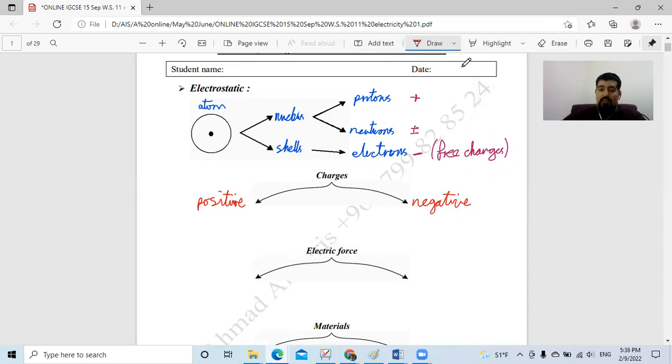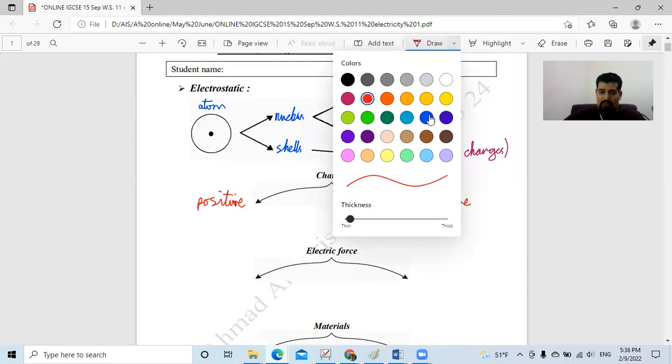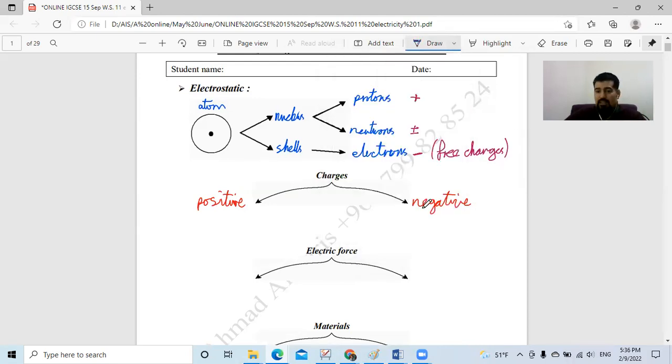Yes, exactly. So that means when the object has a negative charge, the number of protons is less than the number of what? Electrons. When it's positive, the number of protons is more than the number of what? Electrons. Because usually all objects are neutral. They don't have a charge. The number of protons and the number of electrons are equal.